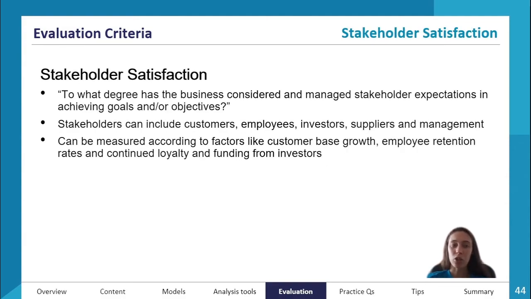Stakeholder satisfaction: to what degree has the business considered and managed stakeholder expectations in achieving goals or objectives? You can think of lots of different stakeholders here. We've spoken a lot today about employees and managing resistance to change, but it's a lot broader than that when it comes to stakeholder satisfaction.